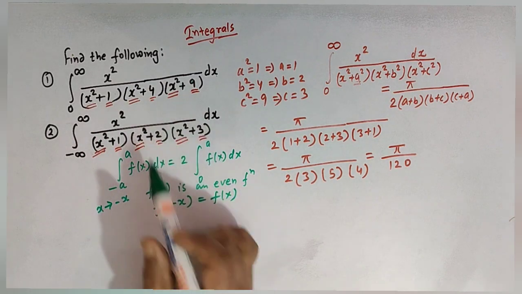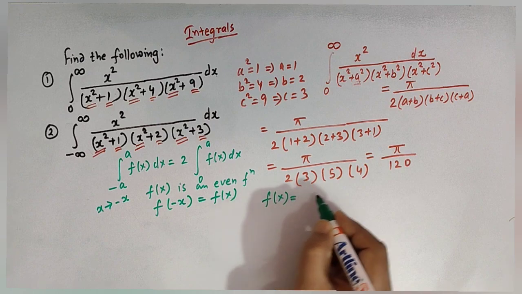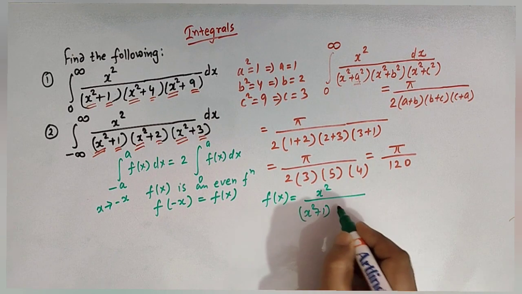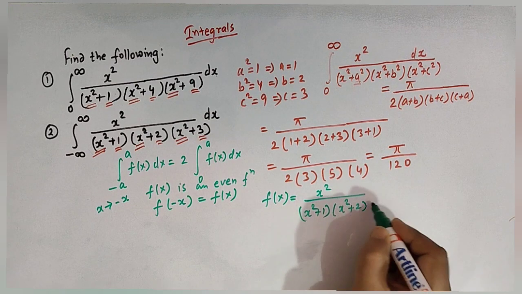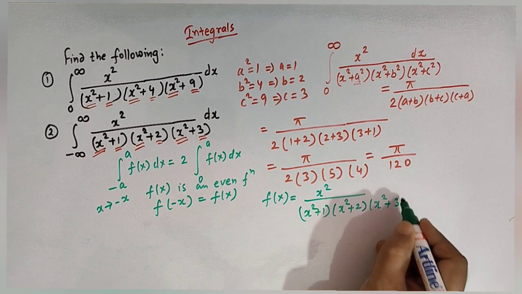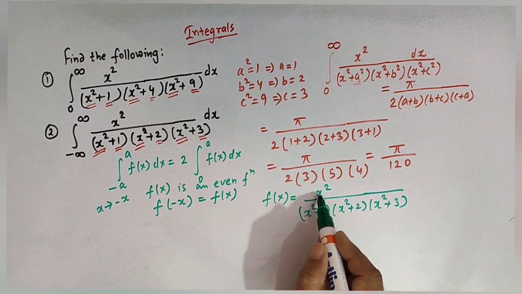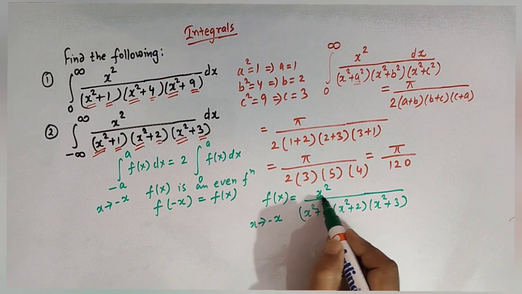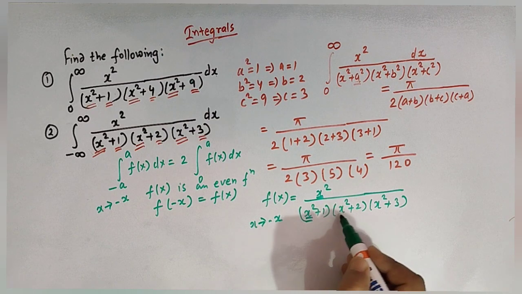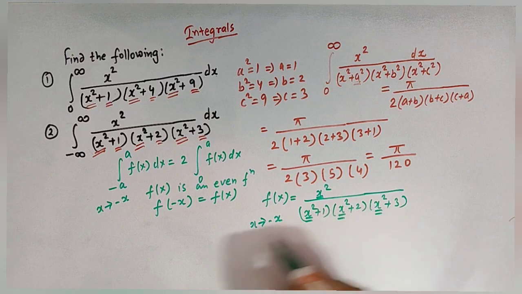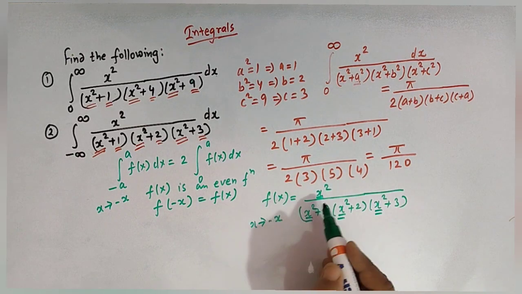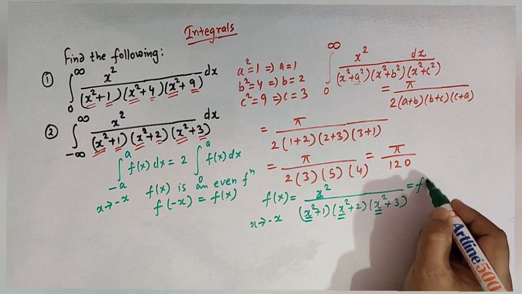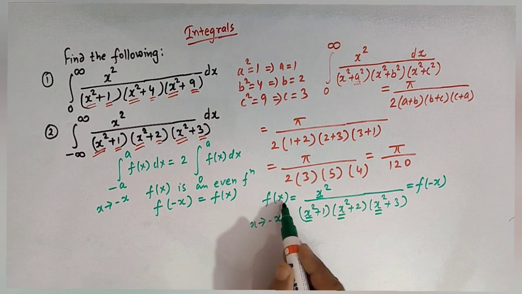Here f of x is equal to x square divided by x square plus 1, x square plus 2, and x square plus 3. If we replace x by minus x, we still have x square everywhere, so f of minus x is equal to f of x.